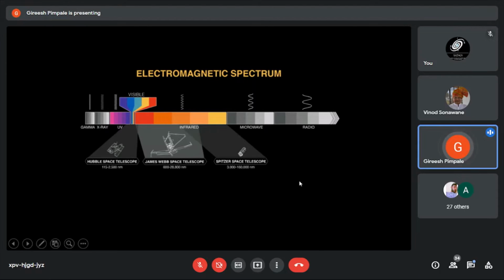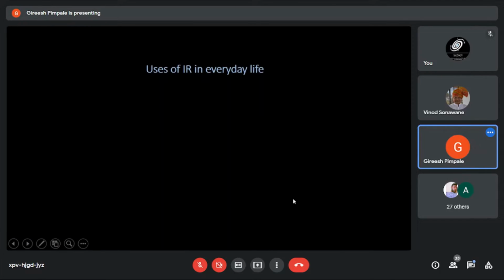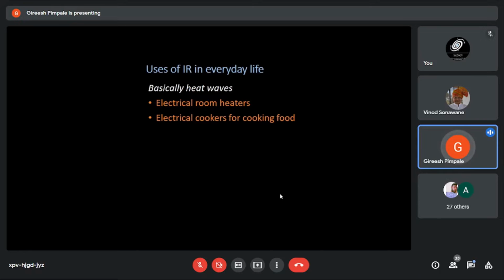Here the same thing is displayed in a different way. This is the infrared part of the electromagnetic spectrum, and JWST is designed for that. Now this infrared we are using in our everyday life. These are basically heat waves, and we use those in electrical room heaters, cookers, then TV and remote controls.